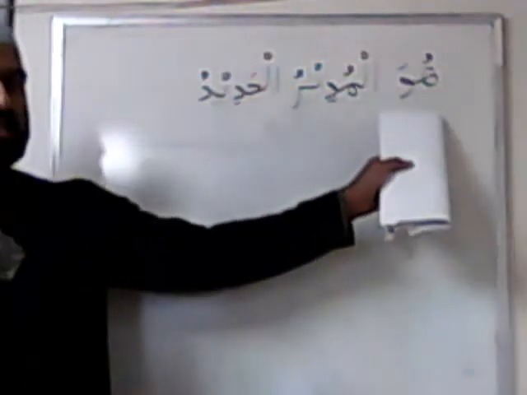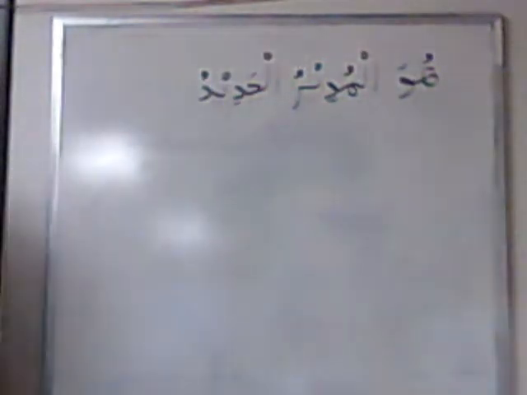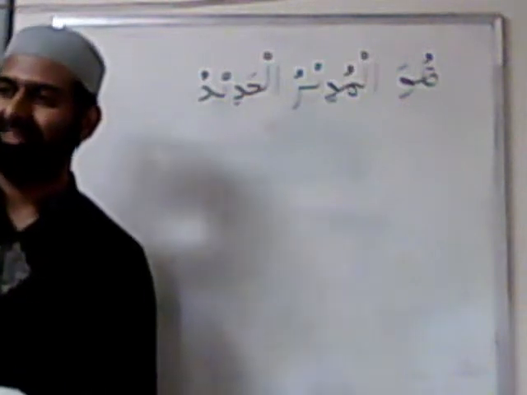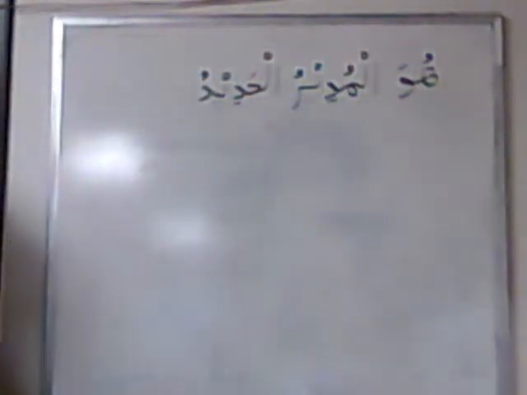Huwa al-mudiru al-jadidu. What kind of a sentence is this? It is jumla ismiya, a nominal sentence. Why? Because it begins with a noun. Damir, right? Now, damir is something different. We did not actually go into the damirs yet.